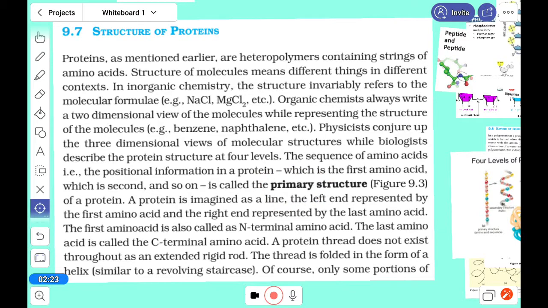These four levels are discussed. I think you can understand that according to complexity, it increases. It means the primary level is the simplest form. So let's see the structure, then we will be able to understand better.